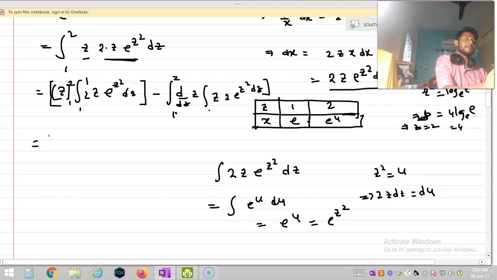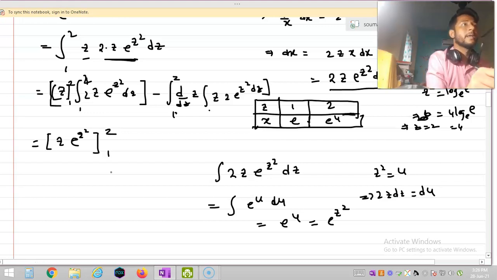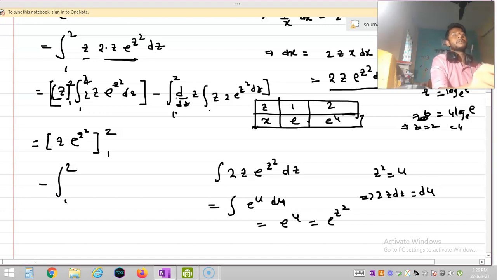So I can say that this is nothing but z e to the power z square, whose lower limit is equal to 1 and upper limit is equal to 2, and minus the integration from 1 to 2, the d/dz of z is equal to 1, and the value of this integration is e to the power z square dz.